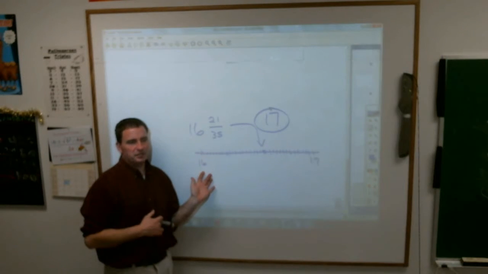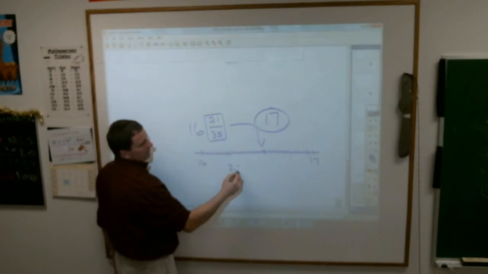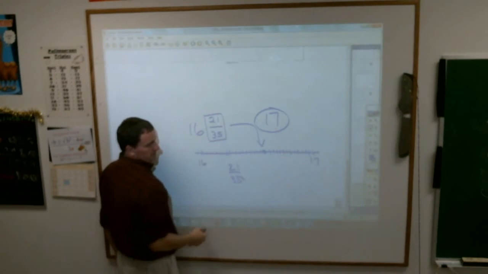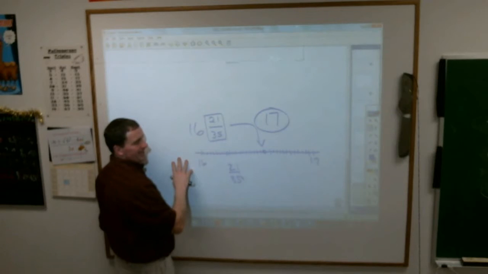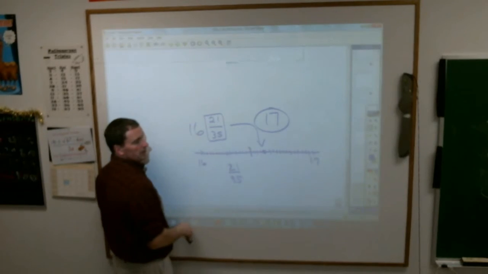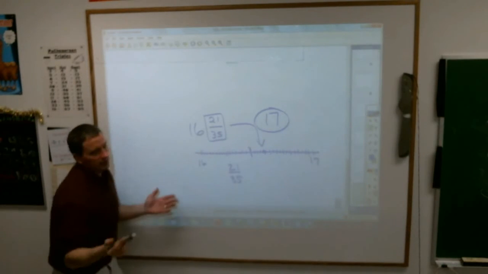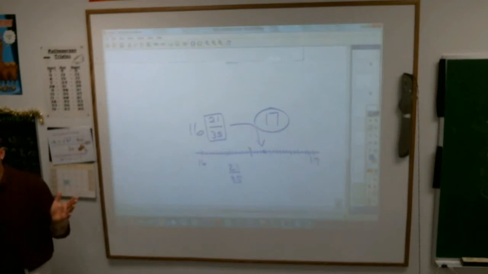Which part of the fraction? This is really key right here. I need to know if 21/35 is more or less than half, because half falls exactly in the middle. How do you know if a fraction is bigger or less than half?